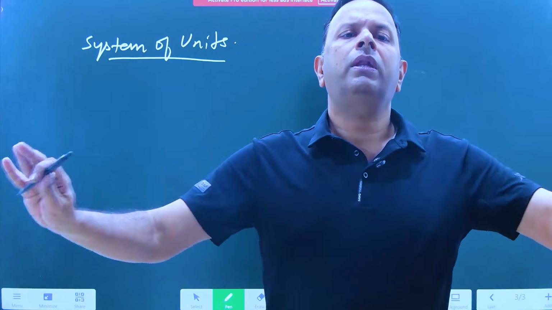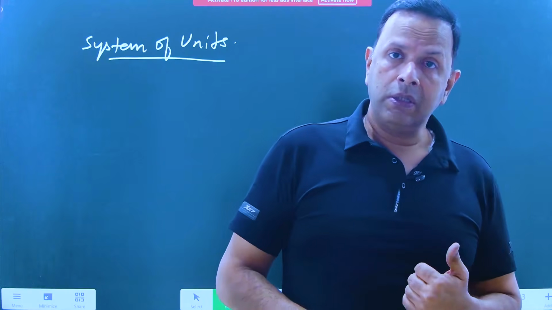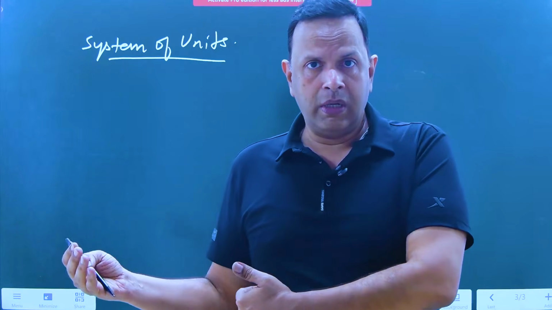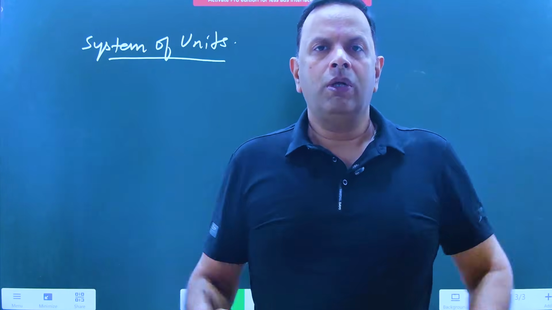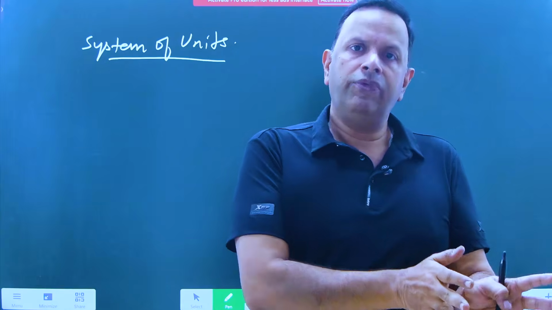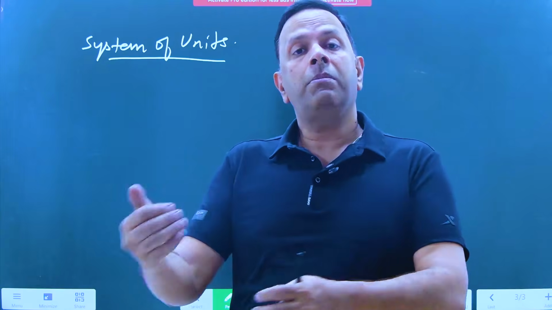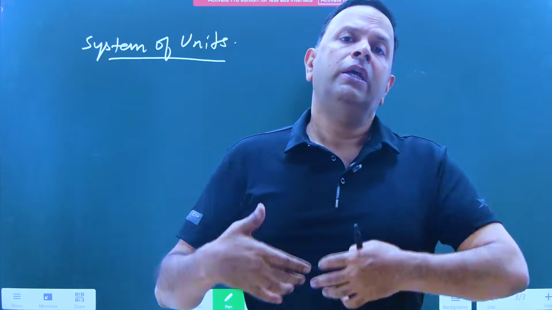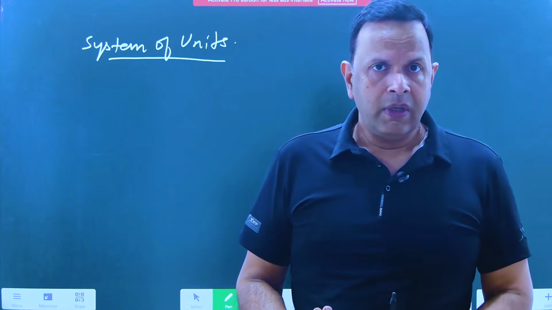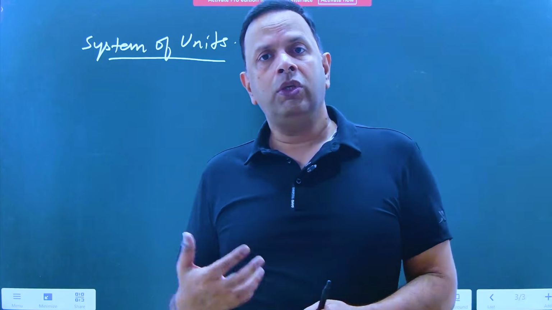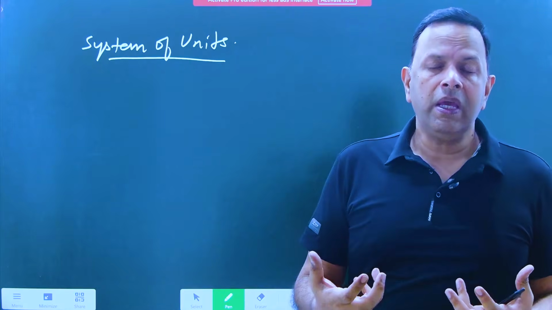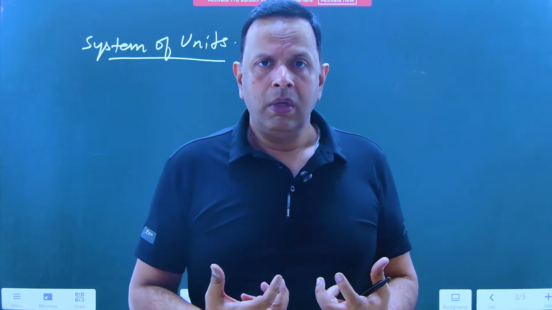So we decide that okay, now length will be measured in meters. Okay, but if I don't talk about the other physical quantities, then maybe when all of us disperse after the meeting and go into our different fields, for length we are on a common page, but for the mass, for the time, for the temperature, if different people are using different units, then it will become a confusion, right? Of course, the units tell us about the magnitude, but the units should be accepted globally also.